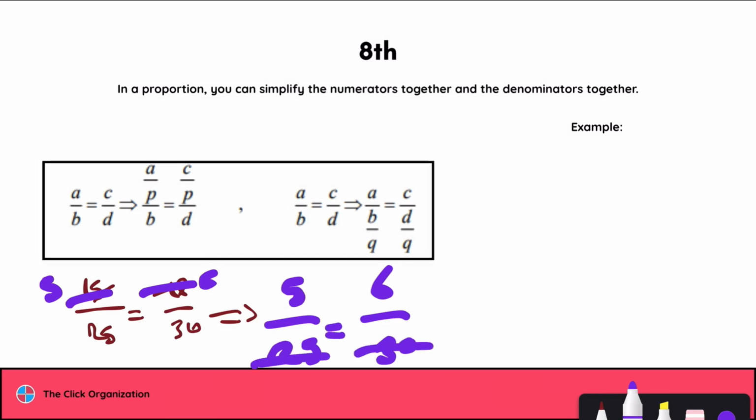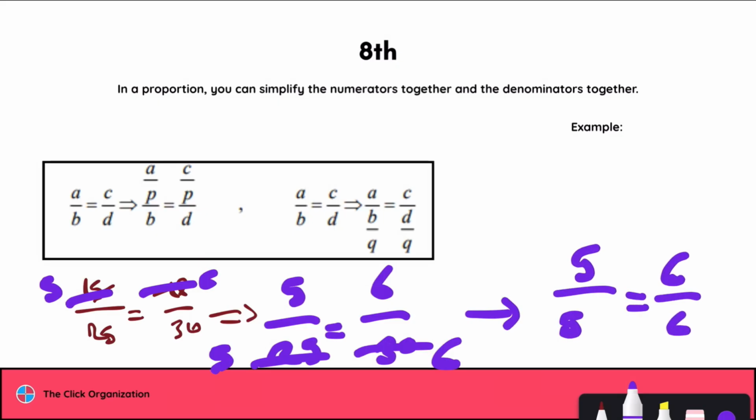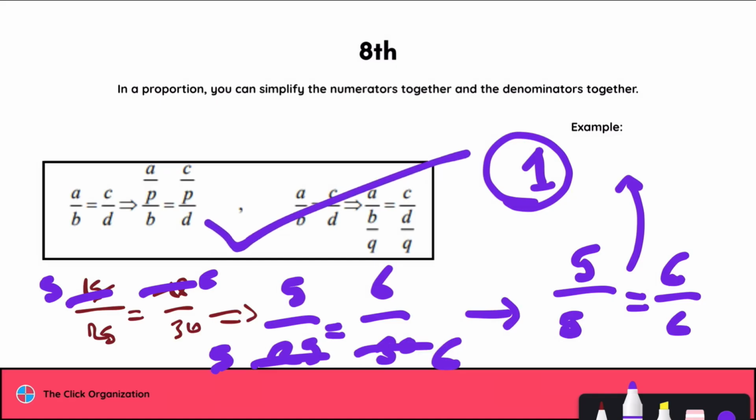So finding their GCF, 25 will be 5 and 30 will be 6. So this will be 5 divided by 5 equal to 6 divided by 6, which are all equal to 1, right? So because they're equal to 1, we know that this property is correct.